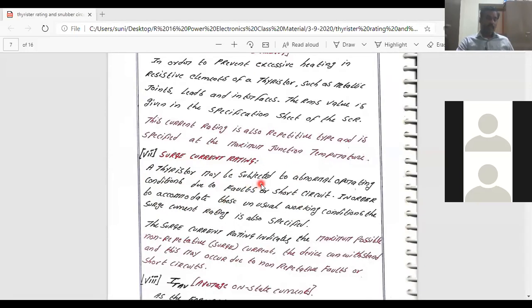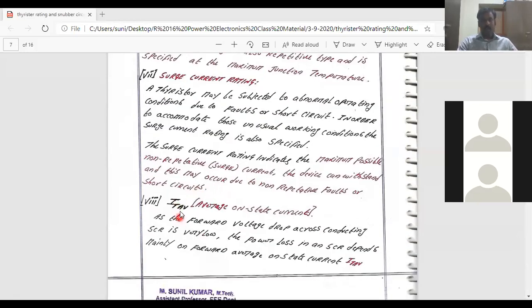So whenever we need to choose a device for an operation, we need to consider this surge current rating, such that if a current of that surge value occurs in the circuit, the device should withstand the operation without any damage.